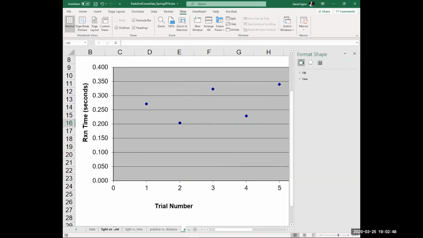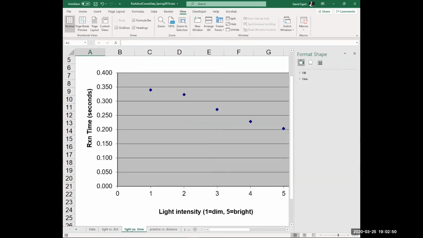Whereas when we looked at the time of the reaction versus light intensity, a really nice negative correlation. Right, so this is why we randomize the light. So we could say, oh, if we look at light intensity versus the reaction time, really nice, obvious relationship.